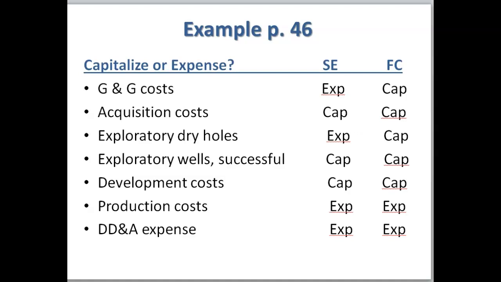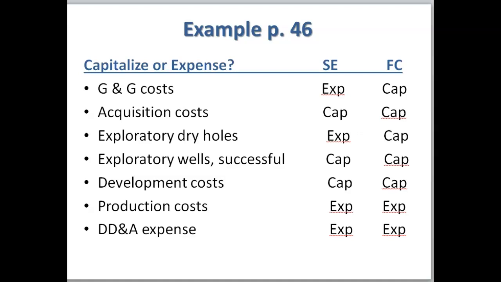Development cost or developmental well, the costs and expenditures associated with it would be capitalized under both methods. Production costs, again, costs to actually produce the product would be matched, so it would be expensed under both methods. And DD&A expense, that's depreciation, depletion, and amortization, it will be expensed under both methods.